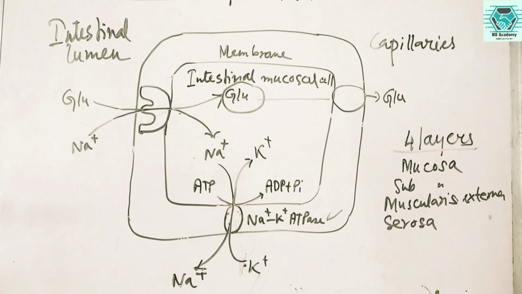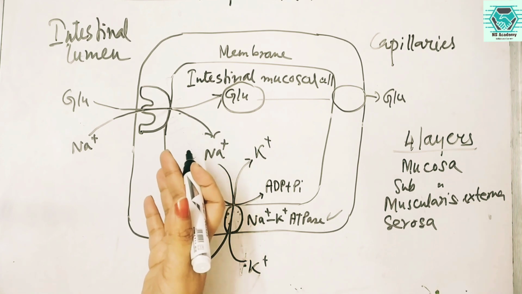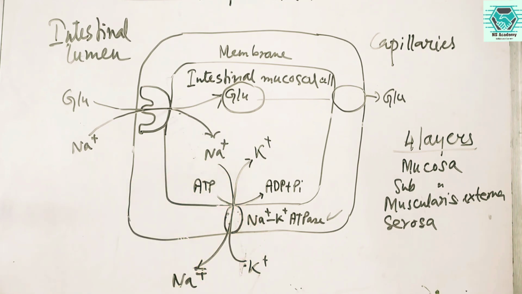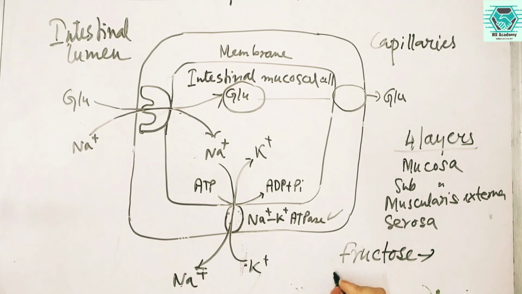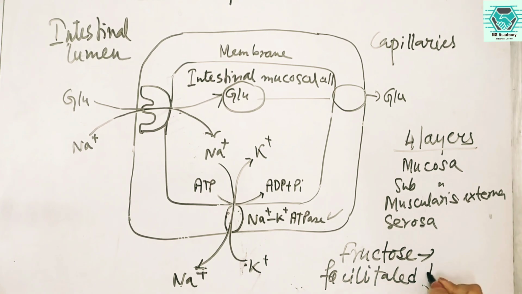If it is fructose, absorption is relatively simple. It doesn't require energy and is independent of Na+ also. Fructose is transported by facilitated diffusion mediated by a carrier, where Na+ is not required at all.